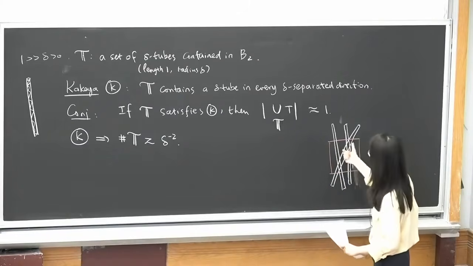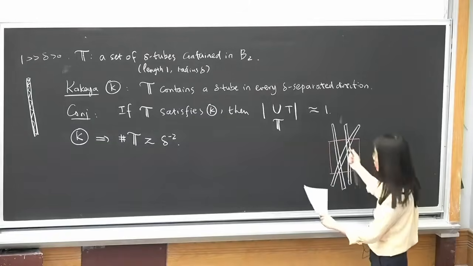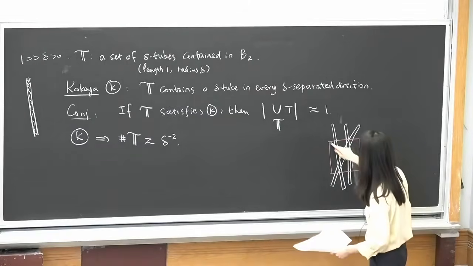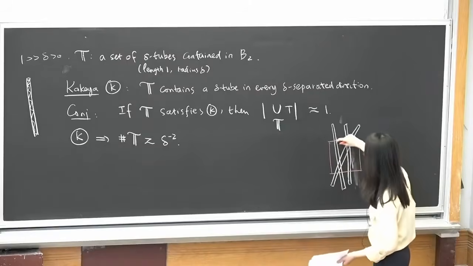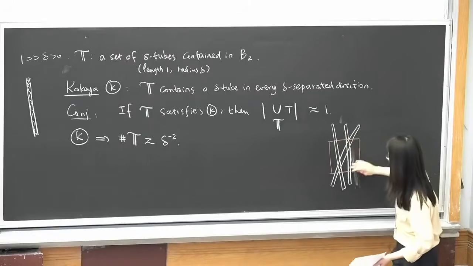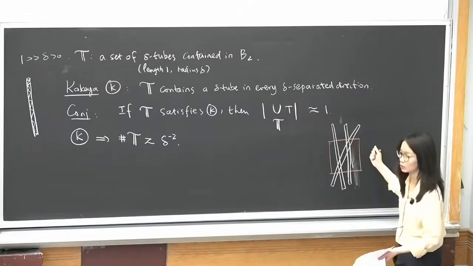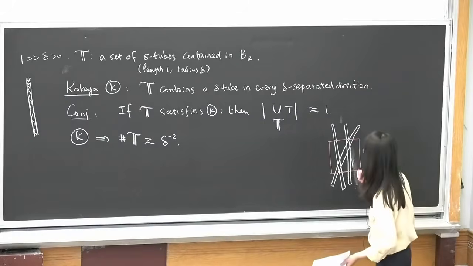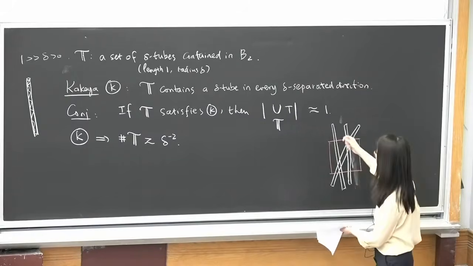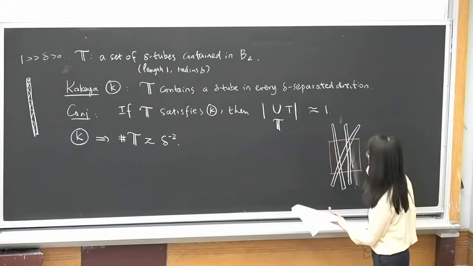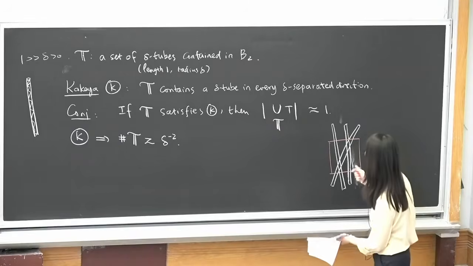We say that we know what happens in the smaller box, and we want to know what happens in general. But the issue is that if we cover it by smaller boxes, there is no reason why those segments still have separate directions, and also no reason that in every separate direction we have a tube.